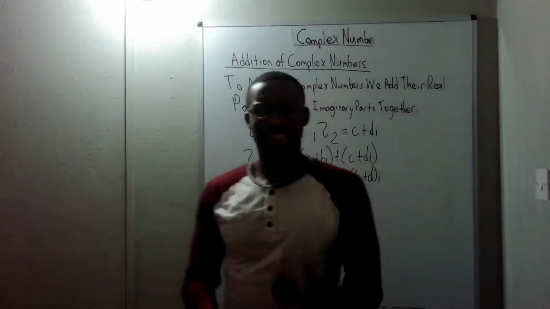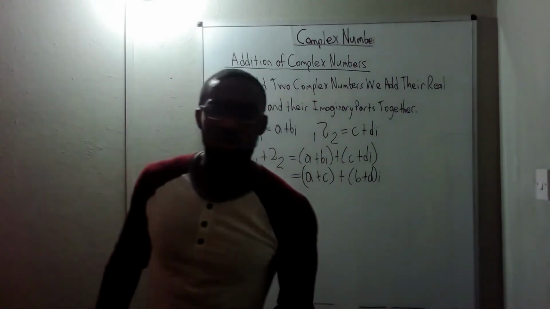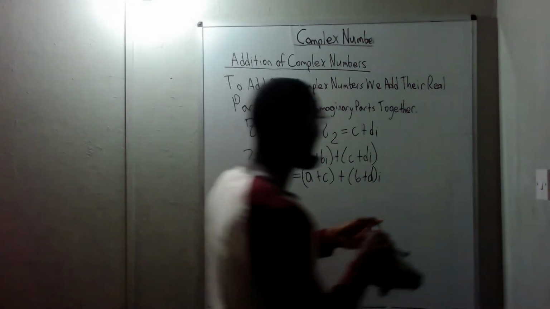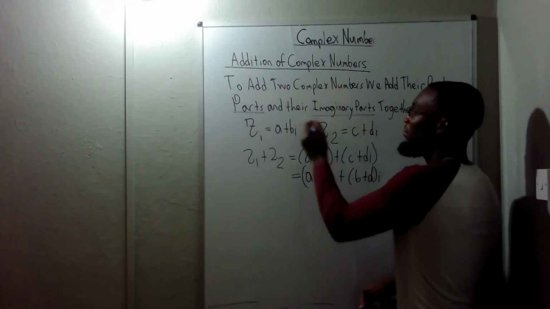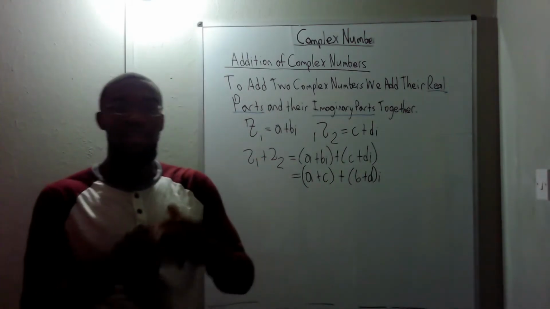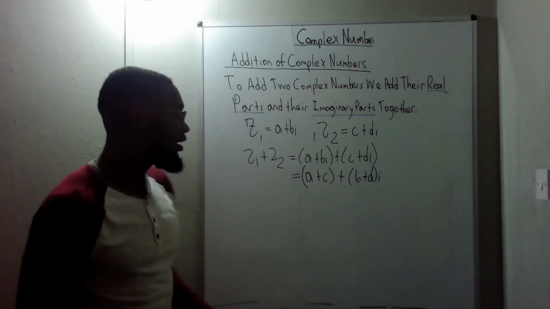Alright, so this is the general rule for addition of complex numbers. To add two complex numbers, we add their real parts together, and we add their imaginary parts together.